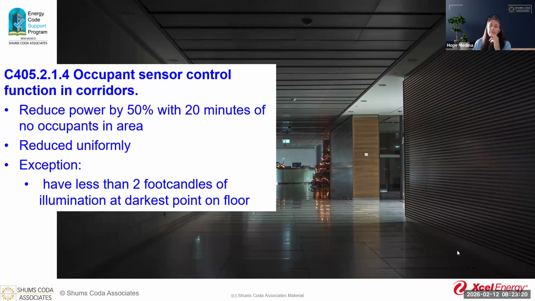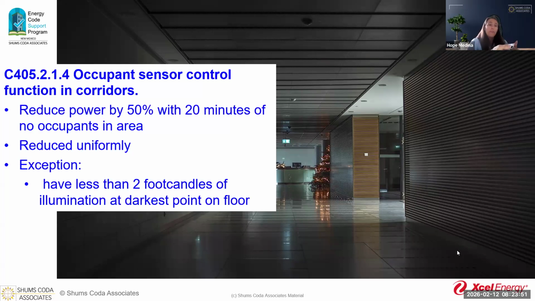All right. The next one is talking about occupancy sensors for the corridors. Now, I'm sure you could imagine this one was very heavily debated at code hearings. Because when we think about corridors, we want to ensure that if there is an issue, people can get out of the place and it's not pitch black.